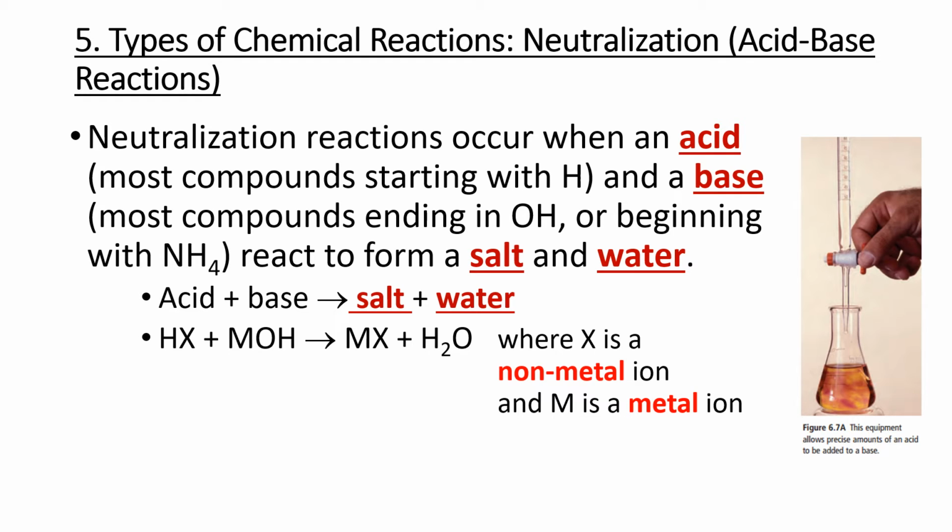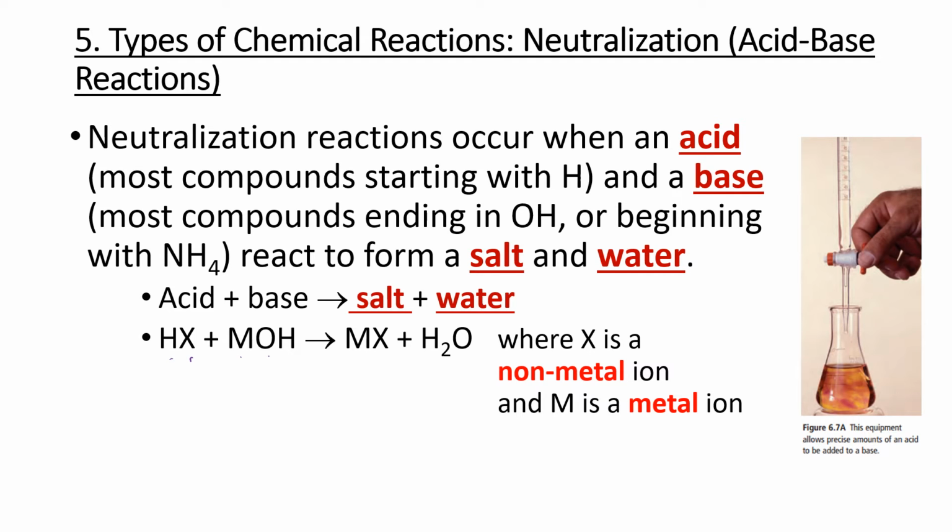Okay. Our general form, as far as what this actually looks like with compounds, is HX plus MOH creates MX and H2O. Okay, so X is our nonmetal and M is metal. So our acid is hydrogen paired with a nonmetal, and our base is some metal paired with hydroxide.